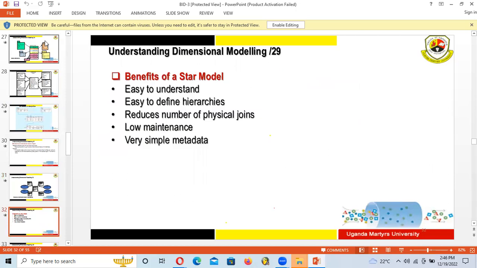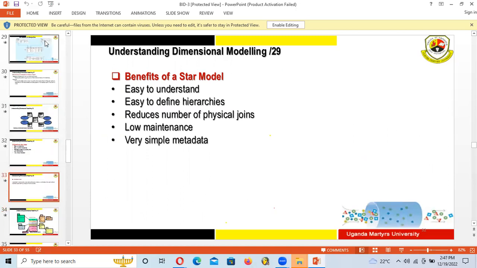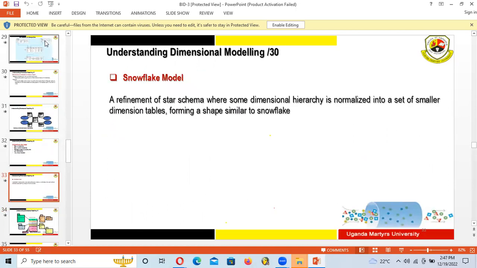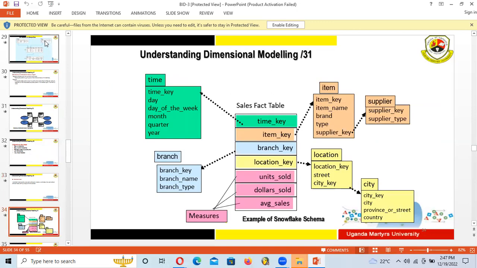Now we have the benefits of the star model. It is easy to understand, easy to define hierarchies, reduces the number of physical joins, lower maintenance, and very simple metadata. And then when we talk about the snowflake, it is just a refinement of the star schema, where some dimension hierarchy is normalized into a set of smaller dimension tables, forming a shape of a snowflake. Remember, first we had a star model where we had a fact table in the middle and dimension tables connecting in a star form.